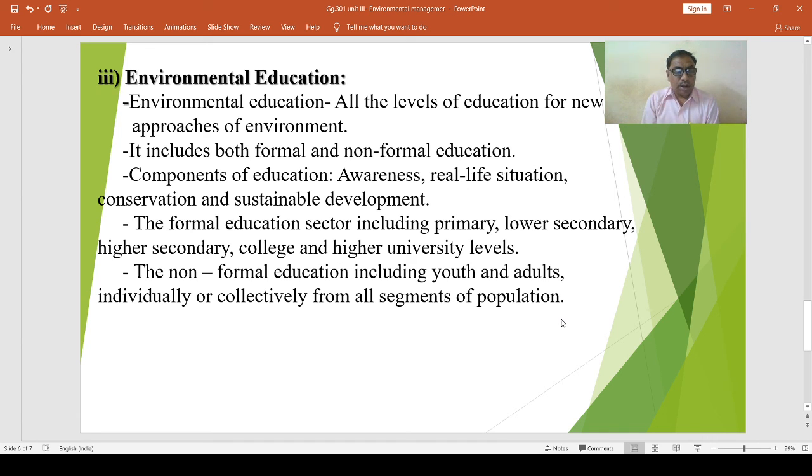The government or any organization at its own level cannot achieve the goals of sustainable development unless the participation of the public is possible. And it is possible only after the awareness of environmental issues among the people.